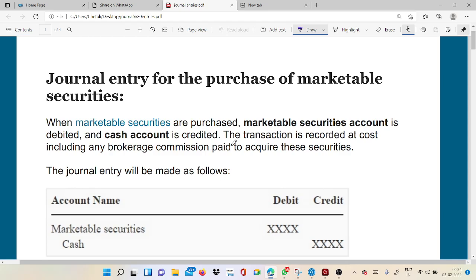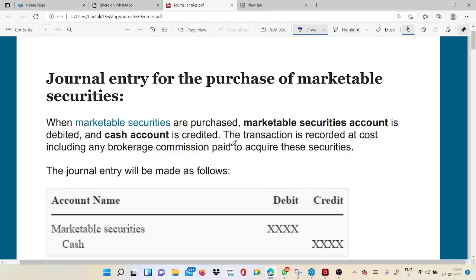This is Shivraj, and as we discussed on LinkedIn, I would like to take a short session on the journal entry for the purchase of marketable securities.